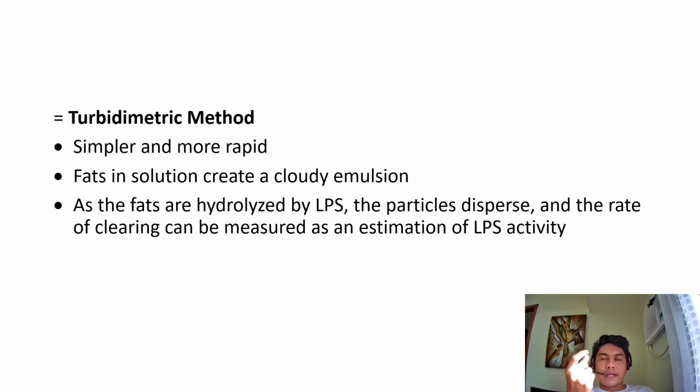And the rate of clearing is an estimation of the LPS activity, because lipase will clear a turbid solution that contains fat, because the function of lipase is to break down fat.